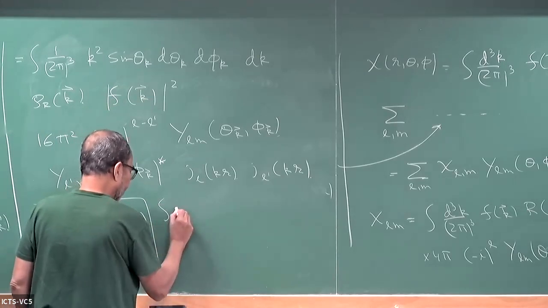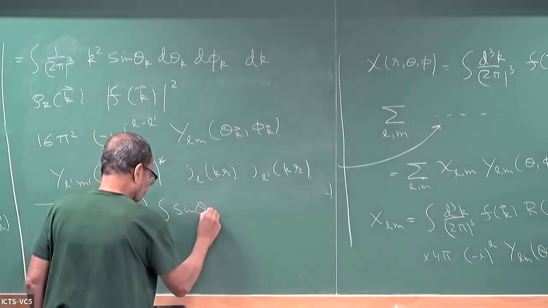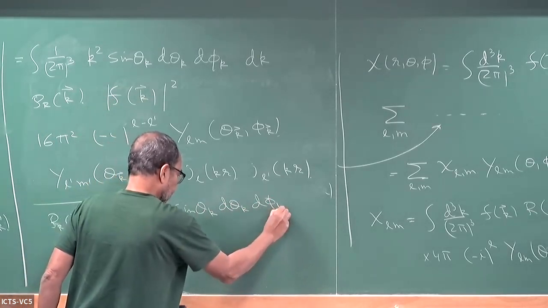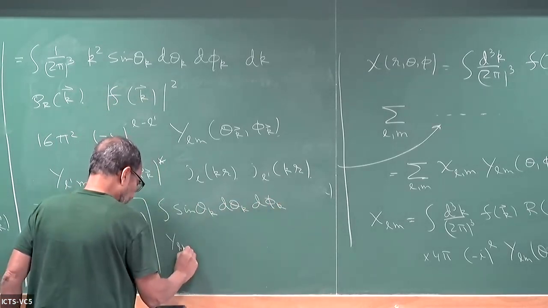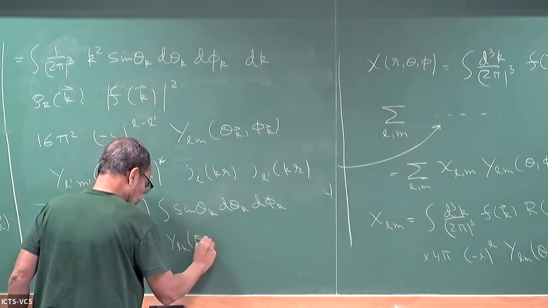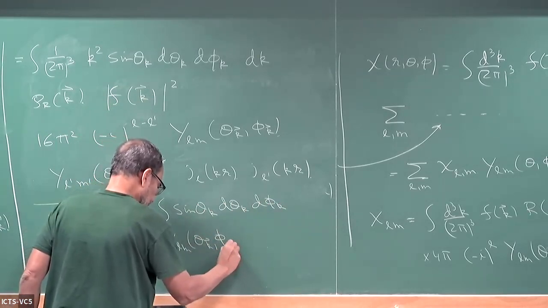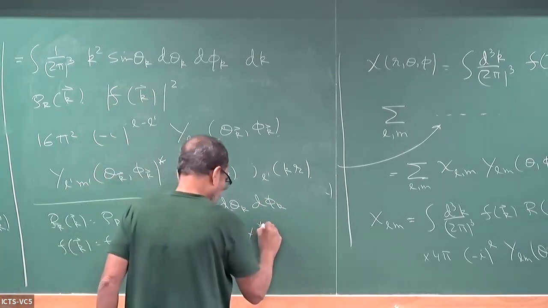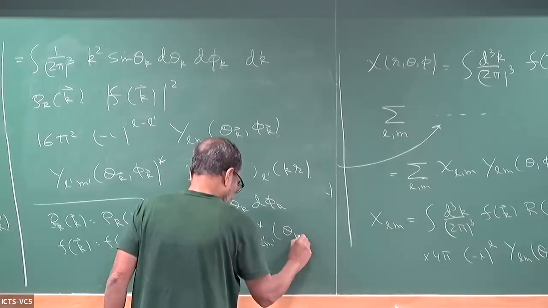So the theta k phi k integral now gives sin theta k d theta k d phi k Y lm theta k phi k Y l prime m prime star theta k phi k.